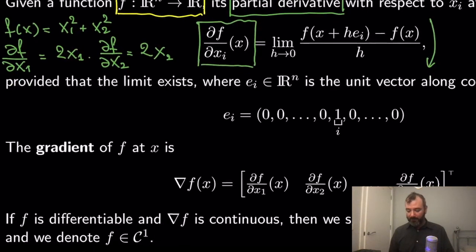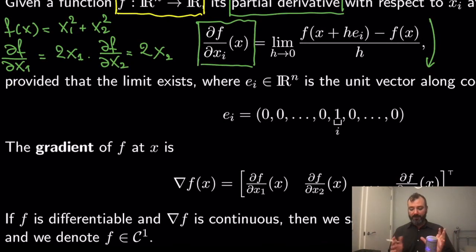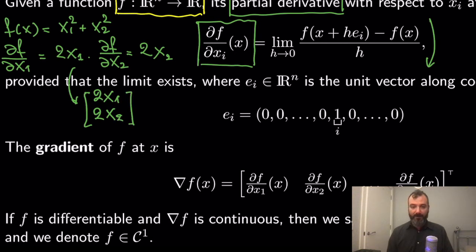Okay, and if you take these partial derivatives and you put them in a vector, I'll keep talking about this particular function. If you take the derivative with respect to x1 and the derivative with respect to x2, and you put them in a vector, what you have defined here is the gradient, like an upside down delta.